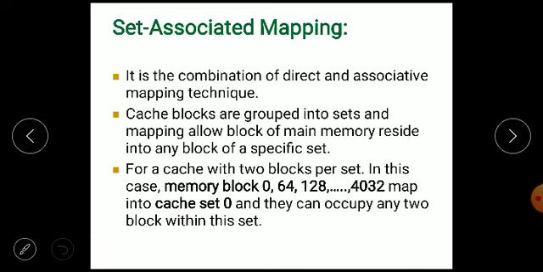So the first blocks from each page in the main memory are mapped into set 0 of the cache memory, and they can occupy either of the two blocks within this set. Two options are there.